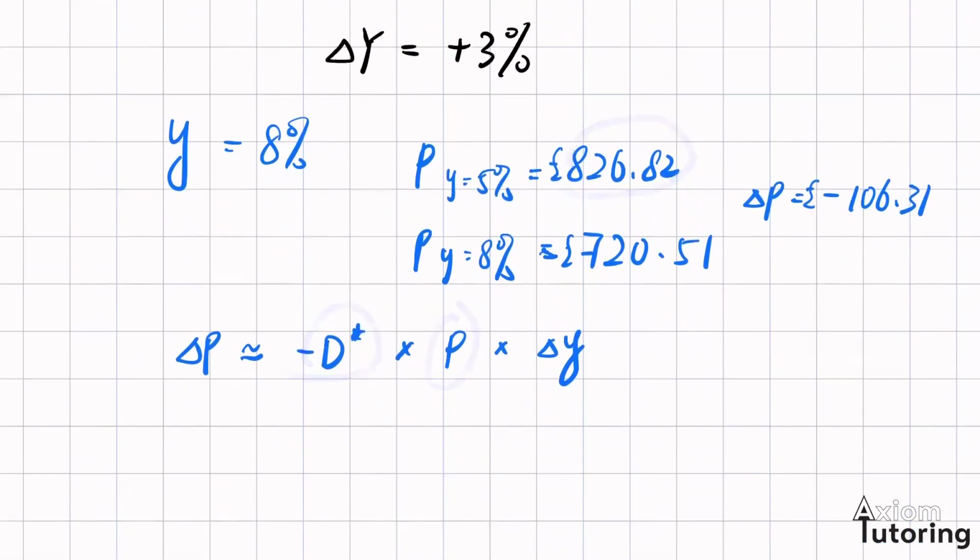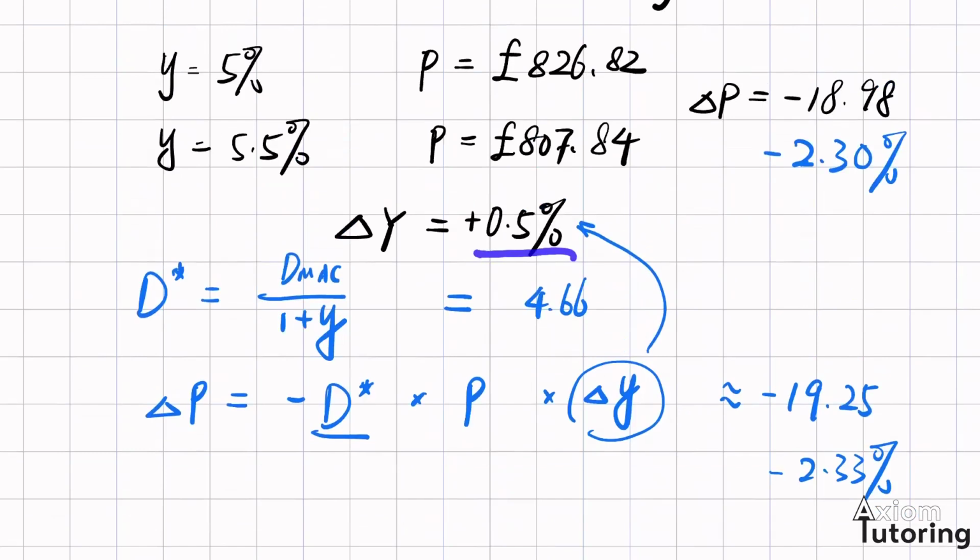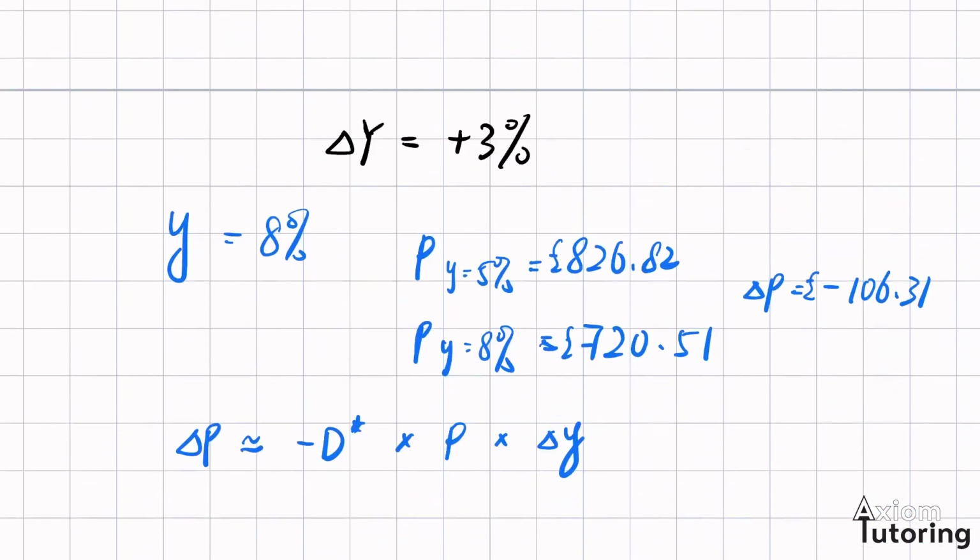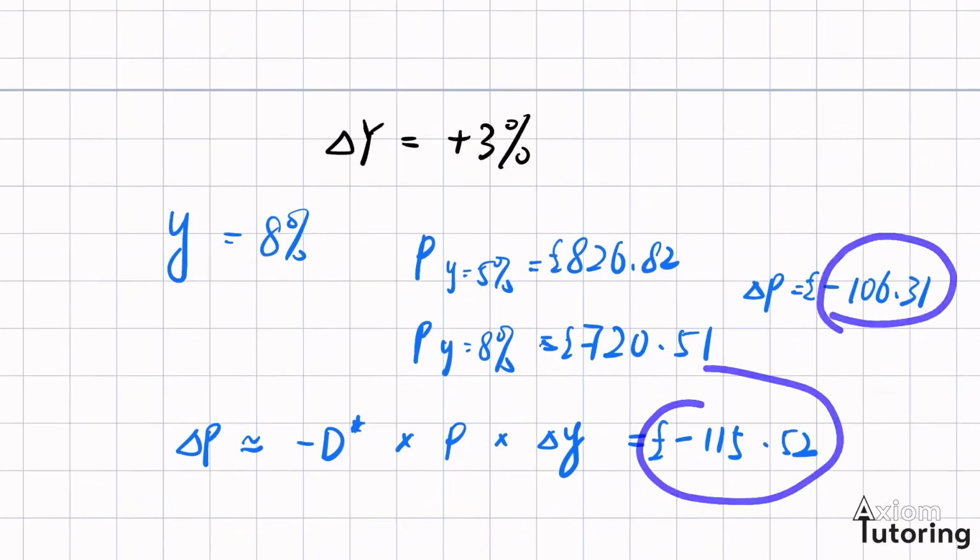The only difference here is that this delta y is no longer 0.5%. It's going to be 3%. So what's the approximate change here? In this case, it's going to be negative 115.52. Now you can see the approximate change is a bit different from the actual change.